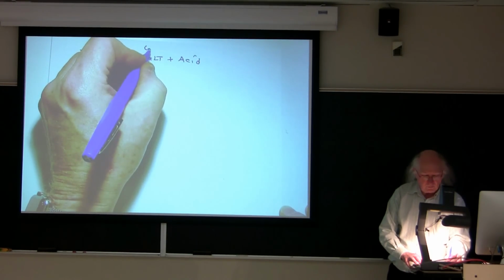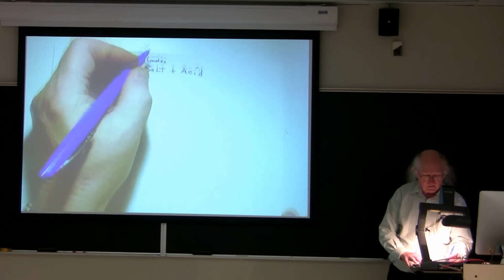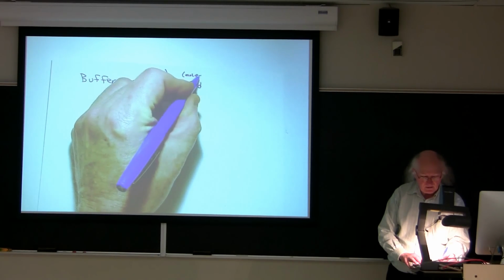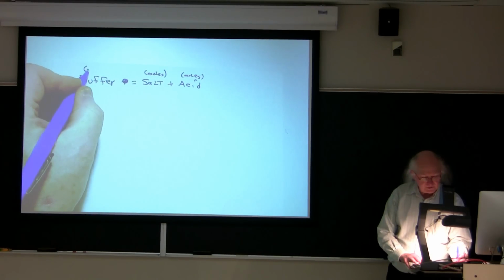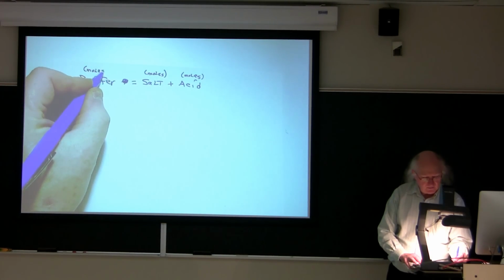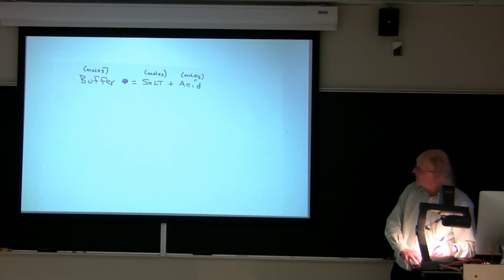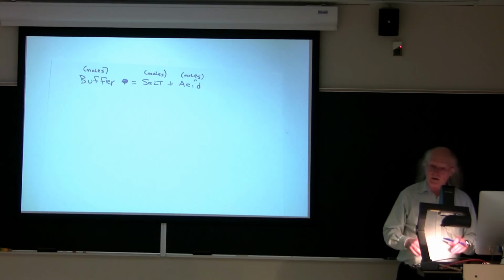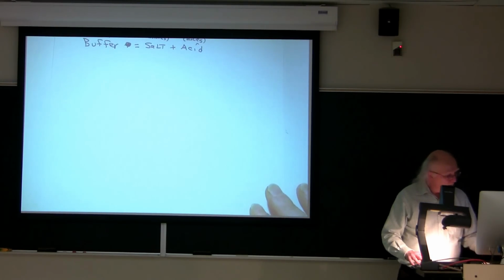And I note here that I'm talking about moles of salt, moles of acid, and moles of buffer. The reason I'm talking about moles is I can add and subtract moles. I cannot add and subtract concentrations.